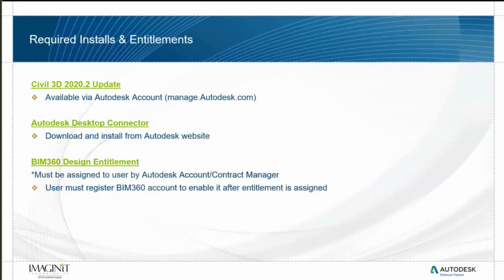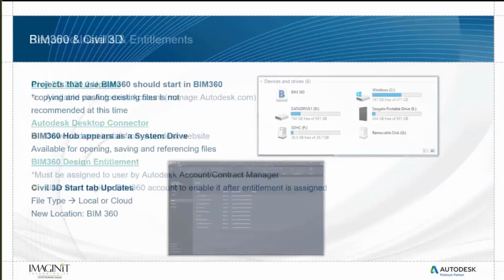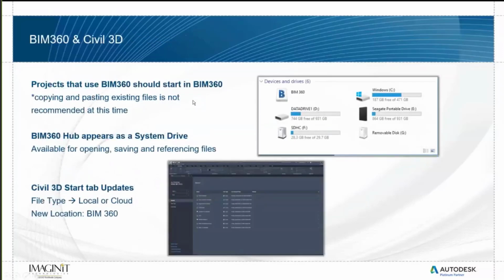All right. So once you have everything installed, BIM 360 is then going to be incorporated into the Civil 3D environment. One of the things that we do need to mention up front is that this is a brand new feature and function that's part of Civil 3D now, which is different from things that we've been able to do before.